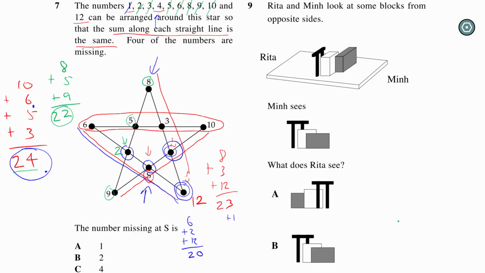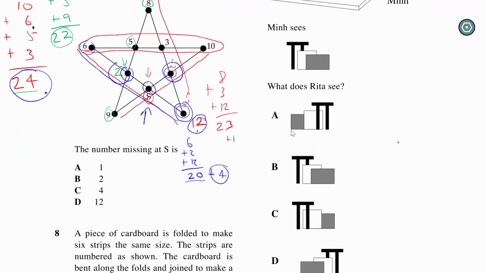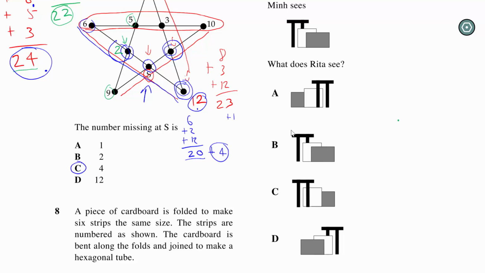So does it? Well, if this one is 12, and this is 2, and this is 6, that adds up to 20 so far. So S would be 20 plus 4, and we know that the remaining number is 4. So the answer is C.